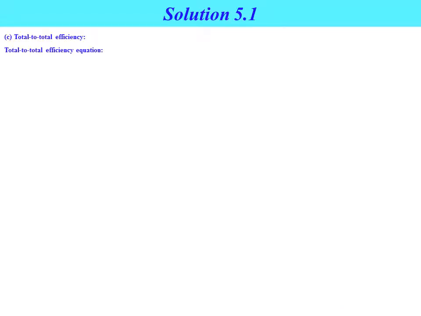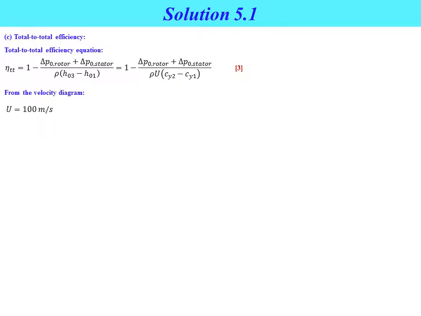Okay, total efficiency. We need to refer to the total efficiency equation, where we know that the total efficiency eta Tt equal to 1 minus delta P naught rotor plus delta P naught stator divided by H03 minus H01, or 1 minus delta P naught rotor plus delta P naught stator divided by U bracket Cy2 minus Cy1, represented by equation number 3. From the velocity diagram, we can determine the value of U as 100 meter per second, Cy1 23.4 meter per second, and Cy2 equal to 71.0 meter per second.